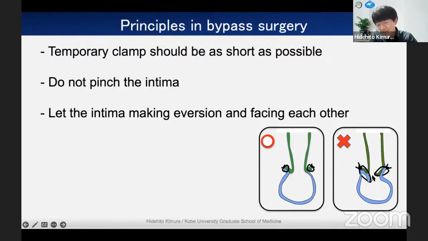If you insert the needle far away from the edge like this, the vessel wall is inverted, and here platelet aggregation may occur postoperatively and the anastomosis will be occluded. To avoid this, needle insertion very close to the edge is very important for making the eversion.